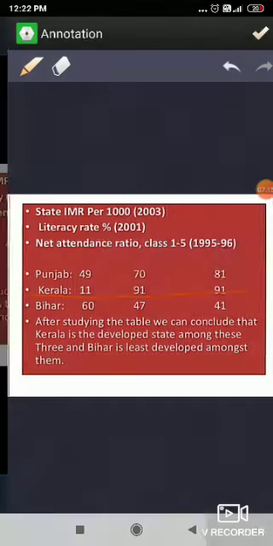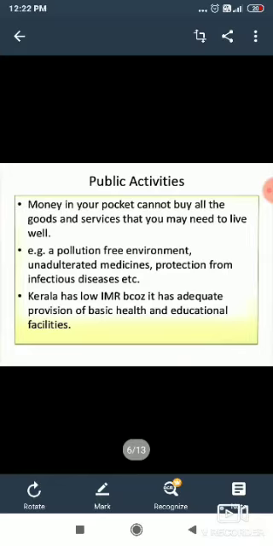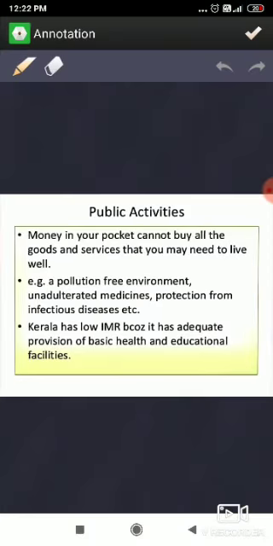Now moving to the next topic, public activities. Money in your pocket cannot buy all the goods and services that you may need to live well.